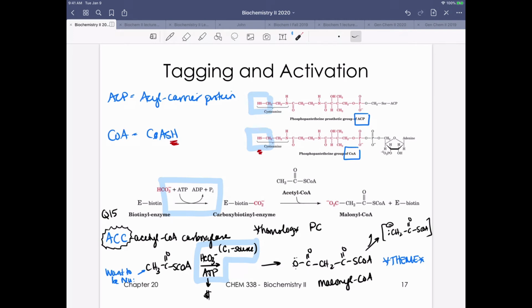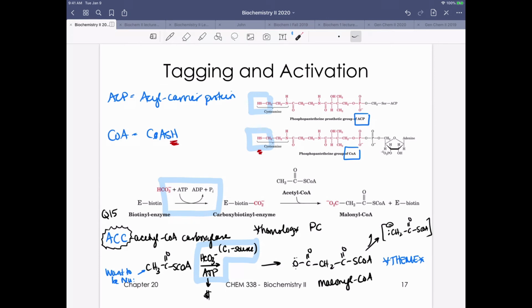So what we're going to see is we're going to have to put some of our acetyl-CoA onto acyl carrier protein, and then some of it needs to actually be activated to do chemistry. That's the second part. The first part, the tagging part, really has to do with taking our acetyl group off of CoA and loading it onto the factory that's going to be doing the chemistry. So that's the tagging part.